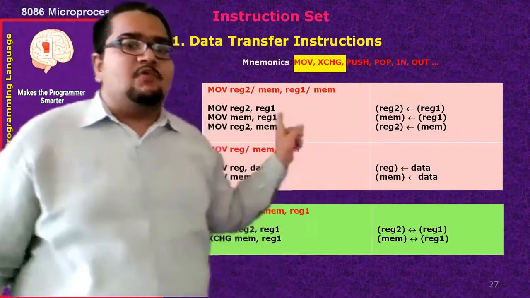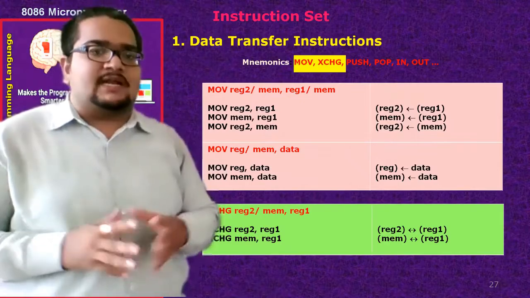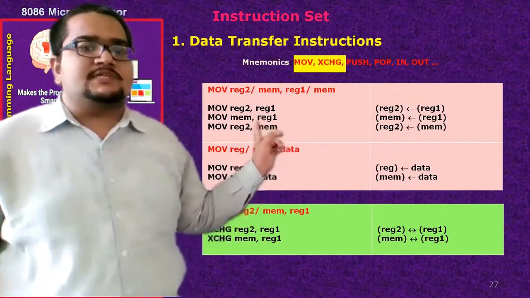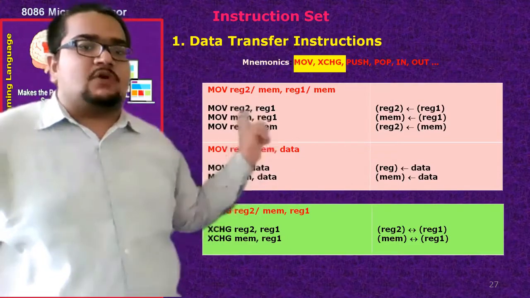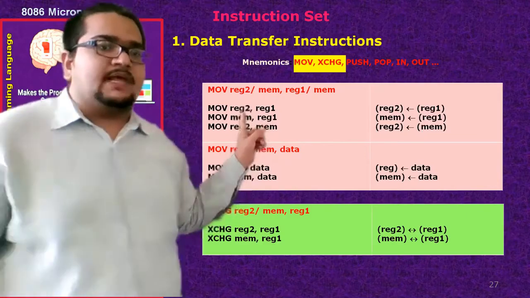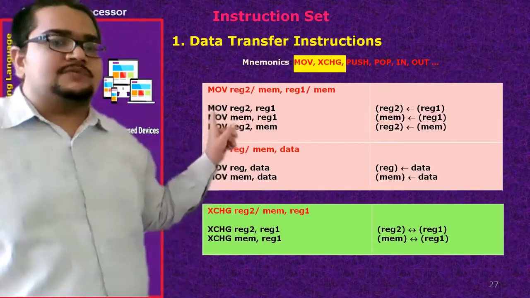Okay, and when I say move instruction, as a name it is move, but technically it is not really a move, it is a copy. So the move instruction copies what is there in register 1 into register 2. So the data transfer from this to this will happen using this instruction.